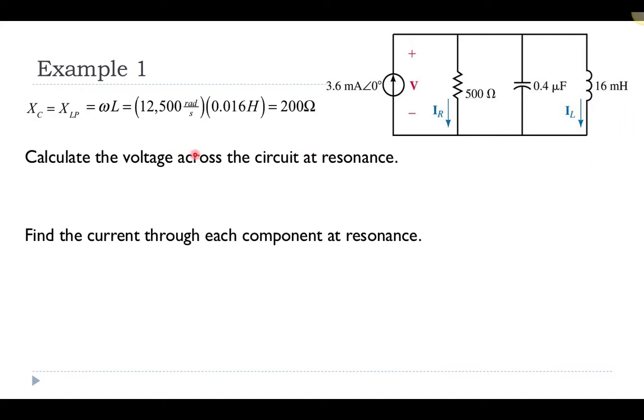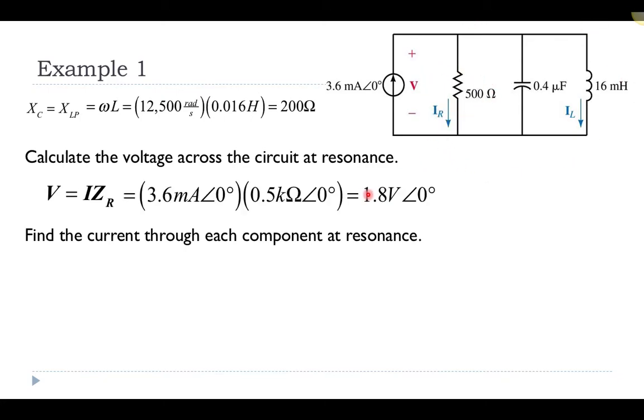I want to calculate what the voltage is across the circuit at resonance, and I know that the voltage is just the current of the source times the resistive impedance. Because the capacitive reactance and the inductive reactance are equal to one another, they cancel each other out. So all of the impedance in this circuit is coming from the resistor at resonance.